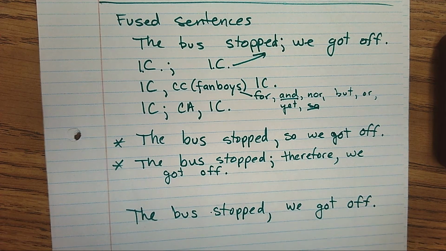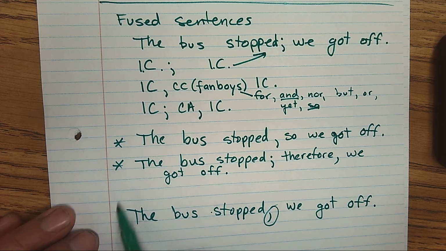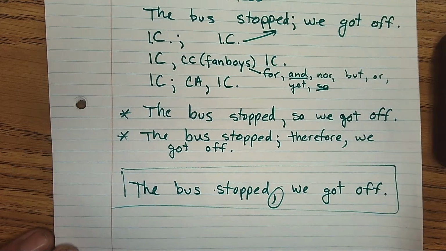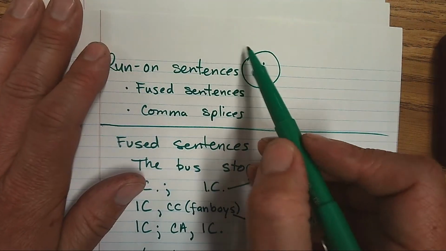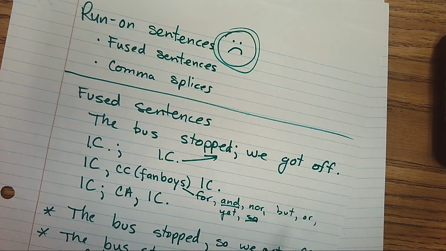So it's the same kind of correction. It's just that what we started with either had a comma or it didn't. Regardless, it was a run-on, which is bad. Okay, I think that's just about it.